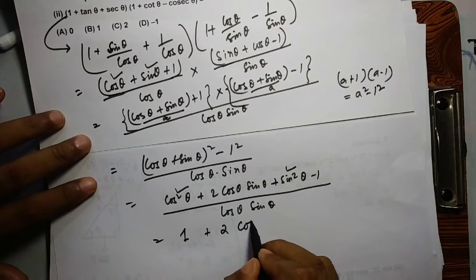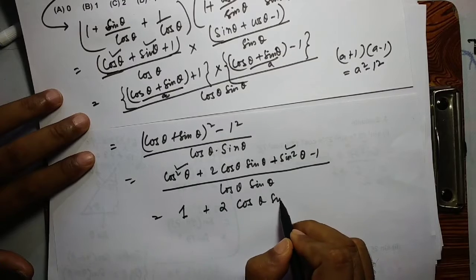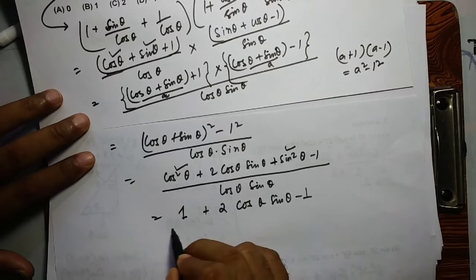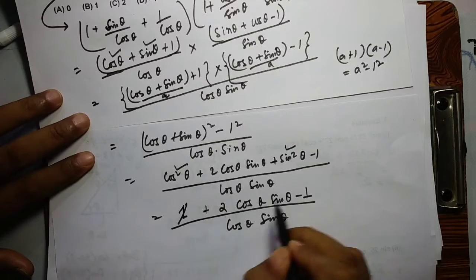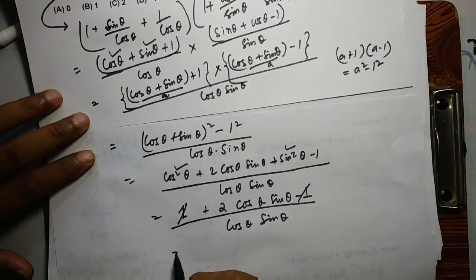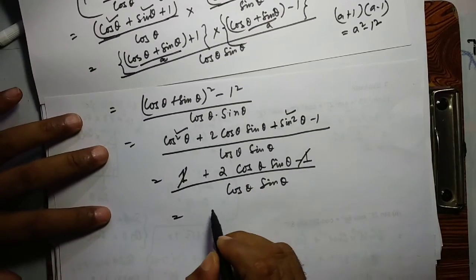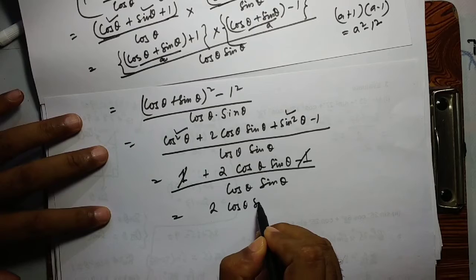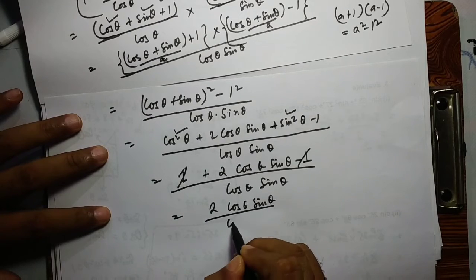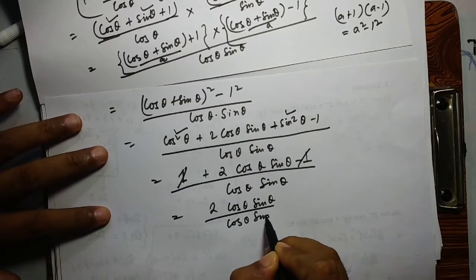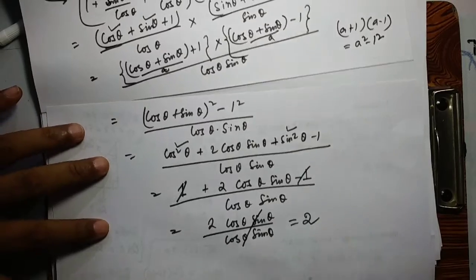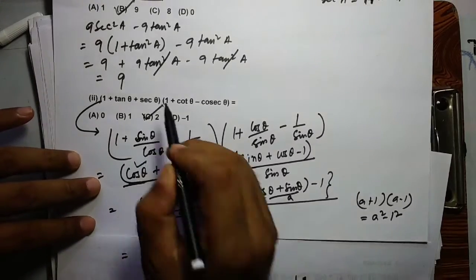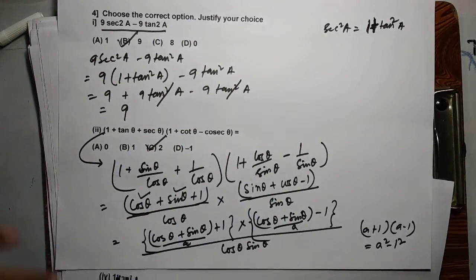And this is 2 cos theta sin theta minus 1 over cos theta sin theta. So 1 plus 1 minus 1 neutralize. So this will remain only 2 cos theta sin theta over cos theta sin theta. So sin theta cos theta cut. The answer is only 2. So option is 2. Answer.